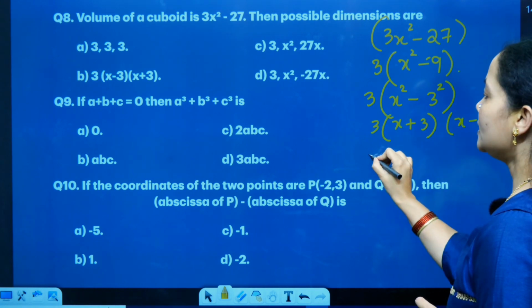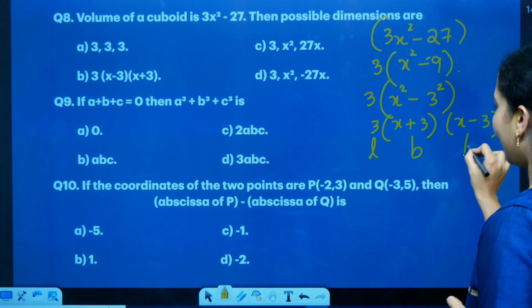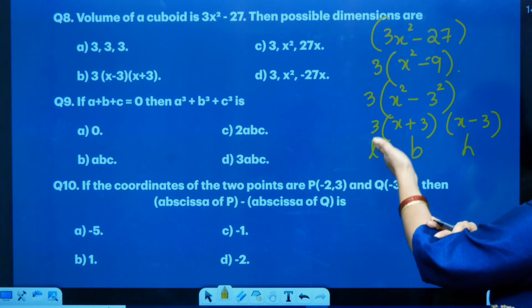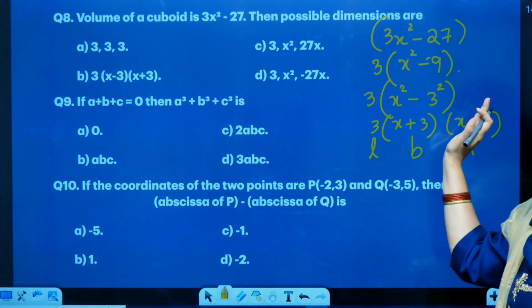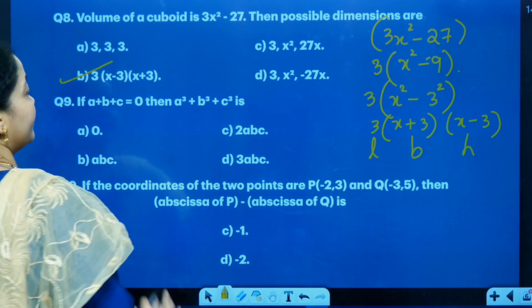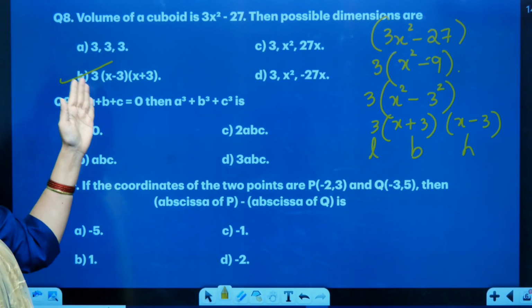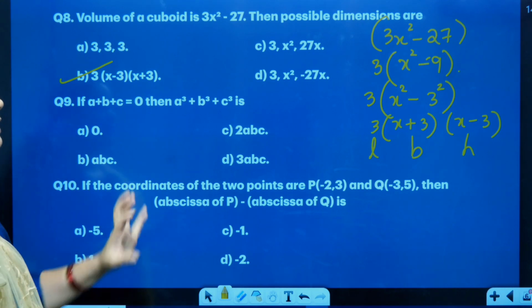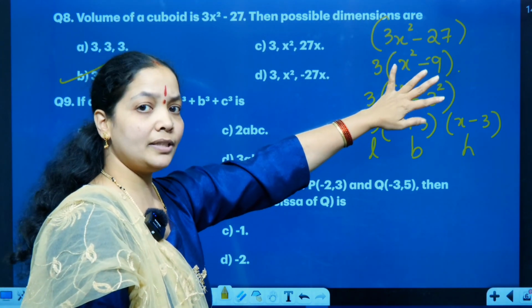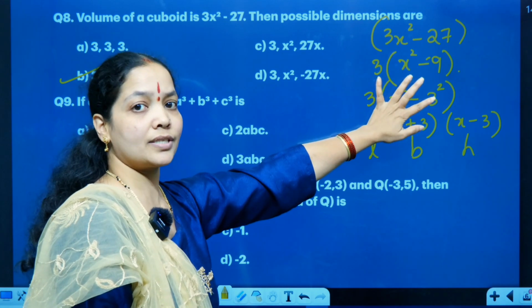So I can conclude this as my length, breadth and height, or vice versa as well. This can also be the length, this be breadth, this be height. Since it is multiplication, I can interchange. So out of these, my options will be option B, which is 3 into x minus 3 and x plus 3. Taking something common and bringing it to identity format will be the mode of simplifying this question and gaining a simple 1 mark.